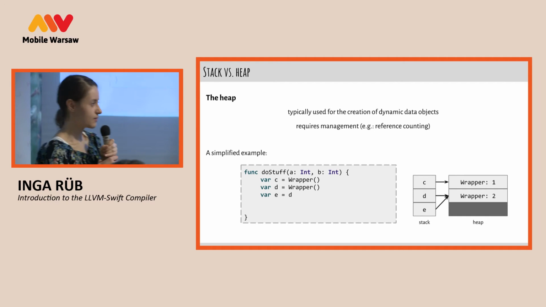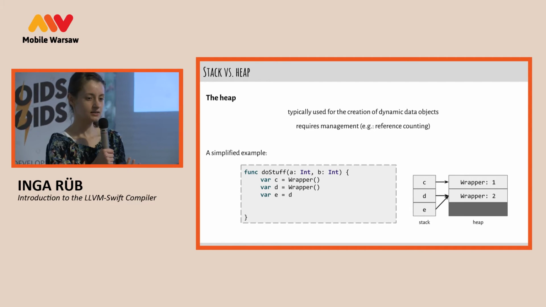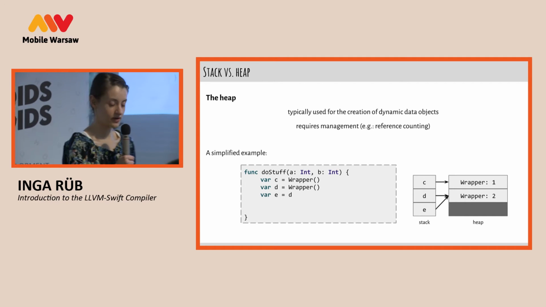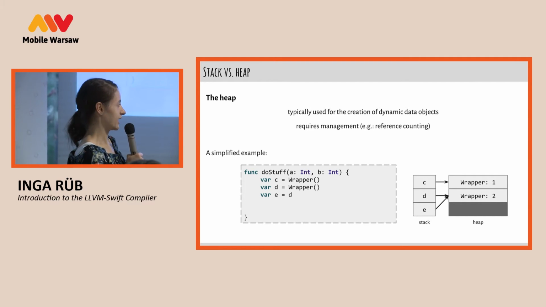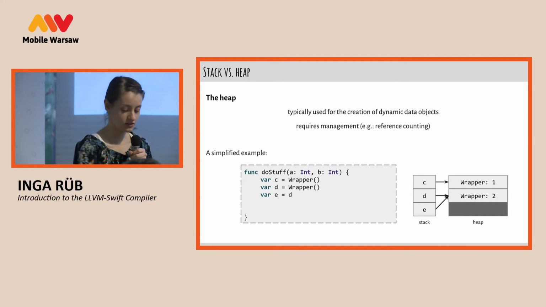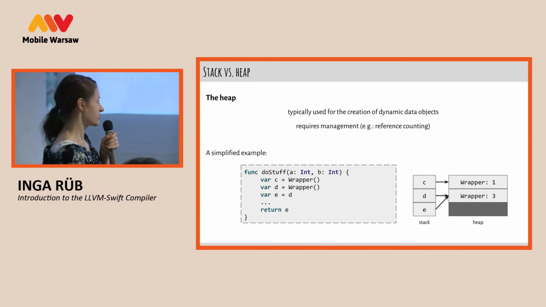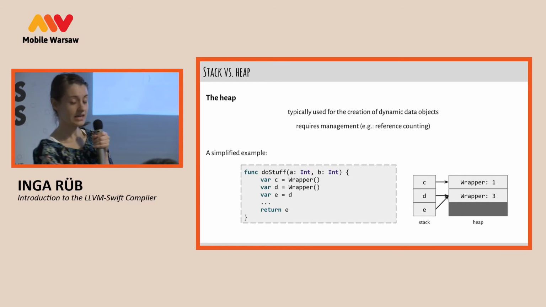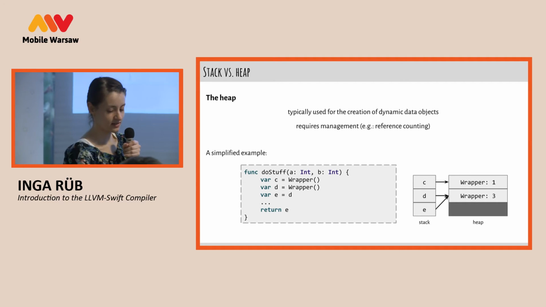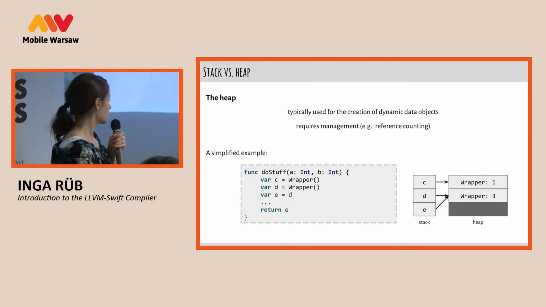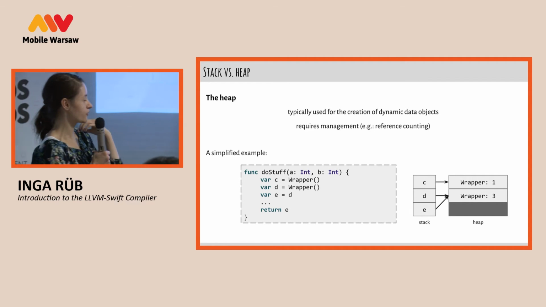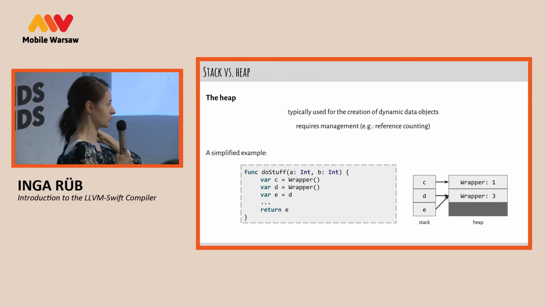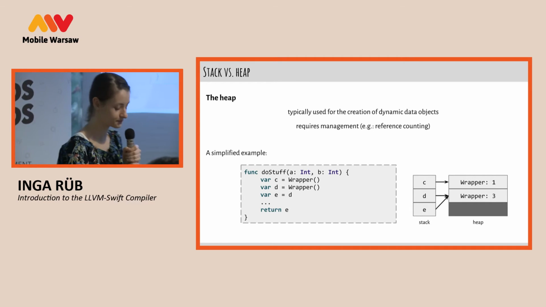Then we make an assignment, so we assign the same object to another variable. We have 3 variables on the stack and 2 objects allocated on the heap. We also want to return the value e, and this makes another reference. This increases the number of references to the second wrapper object.